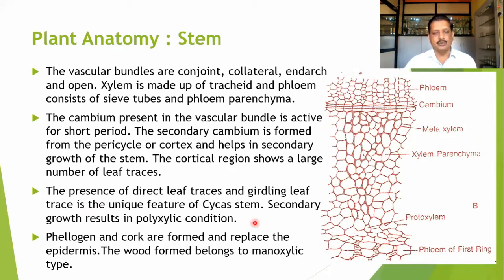Because the persistent leaf bases are there, the phellogen tissue is also developed to protect the epidermis, and normally the epidermis is replaced by the phellogen. The wood formed here is the monoxylic type of wood.